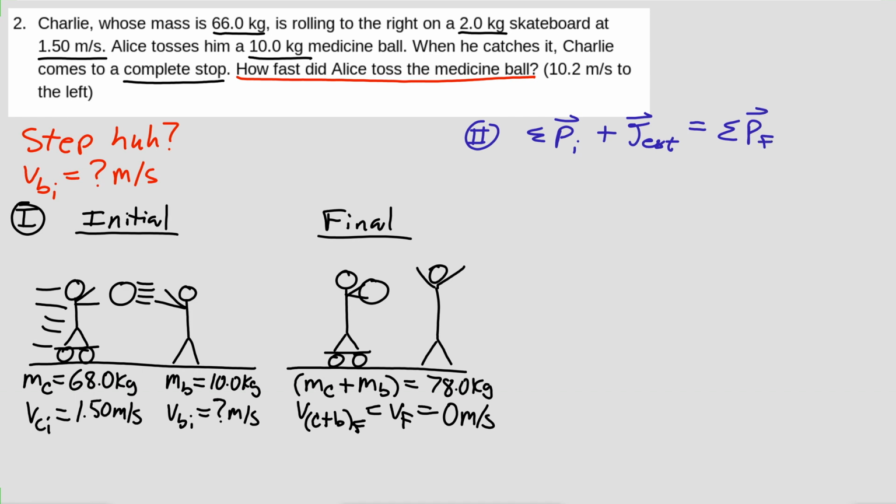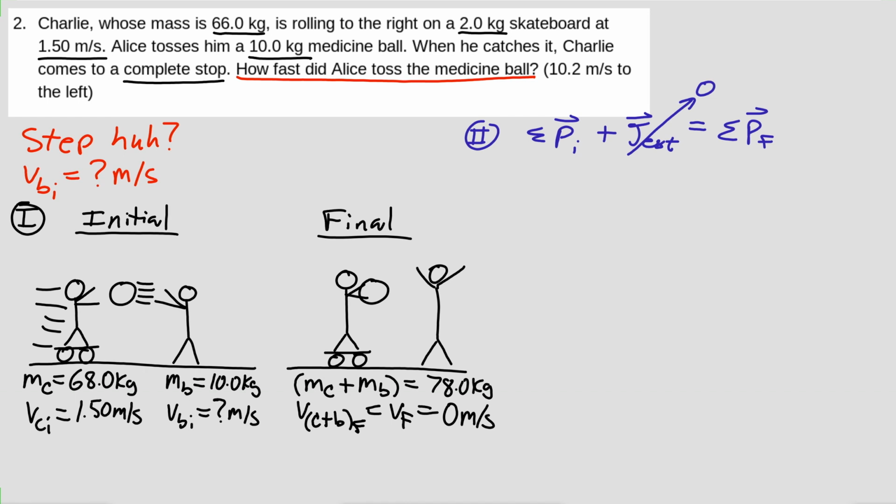So in step 2, everything is a vector, everything is plus together. Now we have to look at these terms and start to deal with them. Well, one thing is J external. We don't have any external impulse in this problem. That's just going to be 0. That's going to go away. That's very common in these problems.